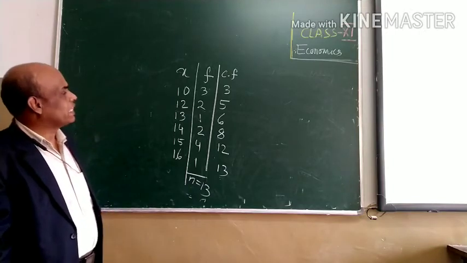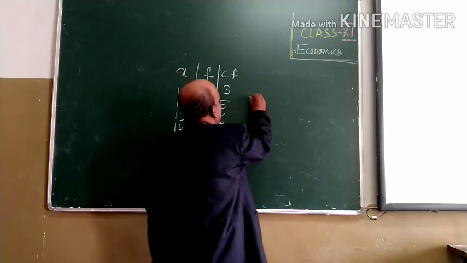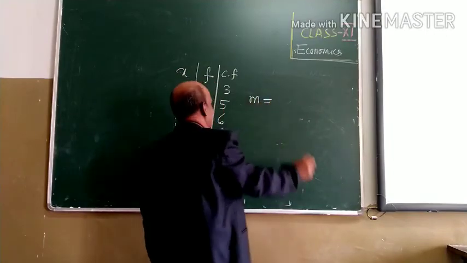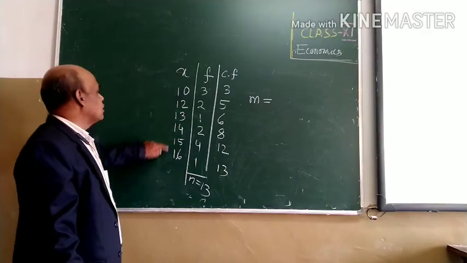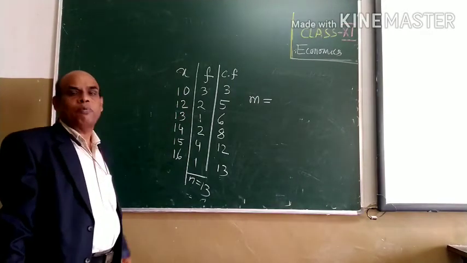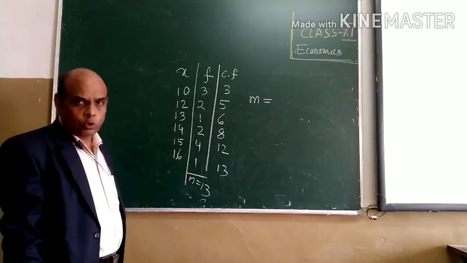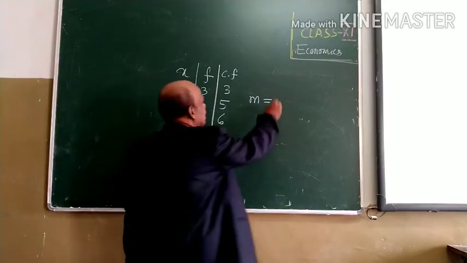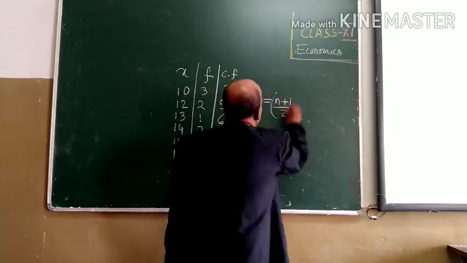So how can we detect the median? Now we can write the middle position. In middle position what will come? Always remember, if the data is in discrete form, that means no groups, then the formula is n plus 1 by 2th term.